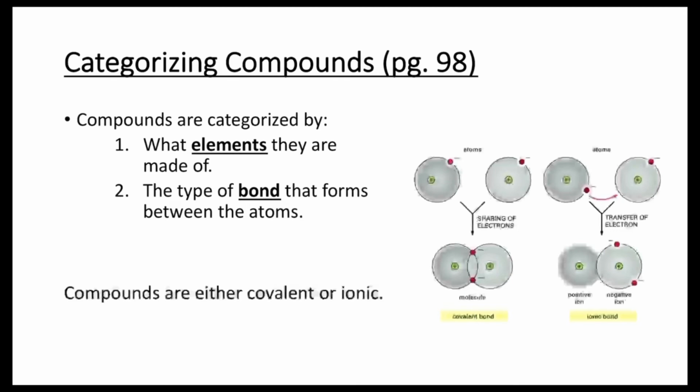My last 3 examples that I just showed you are examples of ionic bonds, and this is where the electron is transferred from the metal, which is the positive left side of the periodic table, to a non-metal, which would be on the right side of the periodic table, so it gains a negative charge. Covalent compounds, on the other hand, actually share electrons, so we're going to get into that.